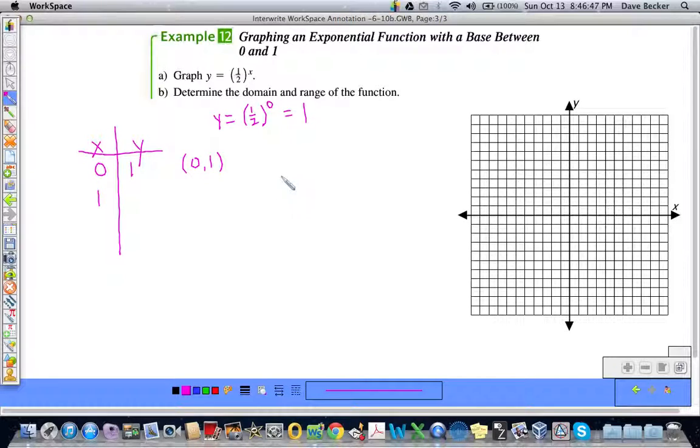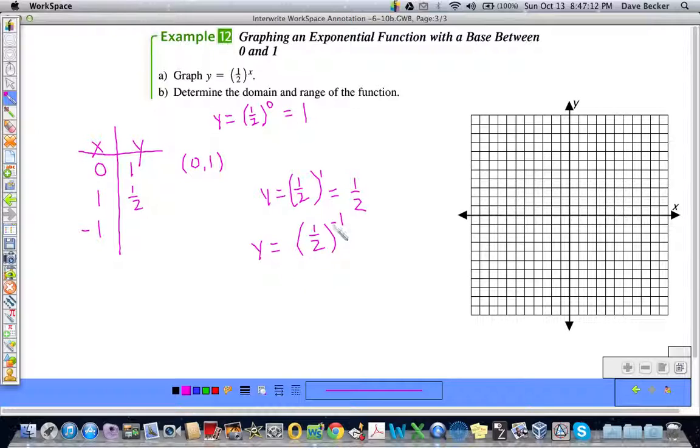Y equals 1/2 to the first power. Well, anything to the first power is equal to itself. So far, so good. What about negative 1? Y equals 1/2 to the negative first power. Huh. How are we going to handle that?